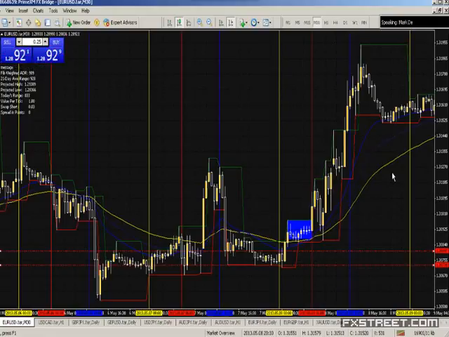Another way of doing it, and I will say it out loud now, will be to actually just use fractals for your potential entry points. Okay?